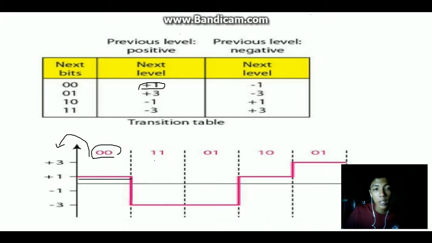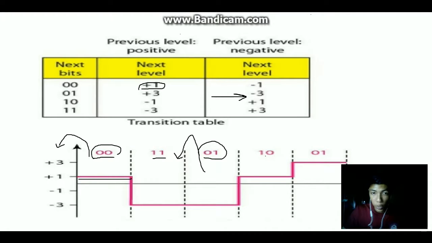And the next one is 1, 0, and according to the table, the previous level is positive, so it will go to -3, and it will stay on -3 because the next one, 0, 1, is also -3, by looking at the previous level, which is negative.